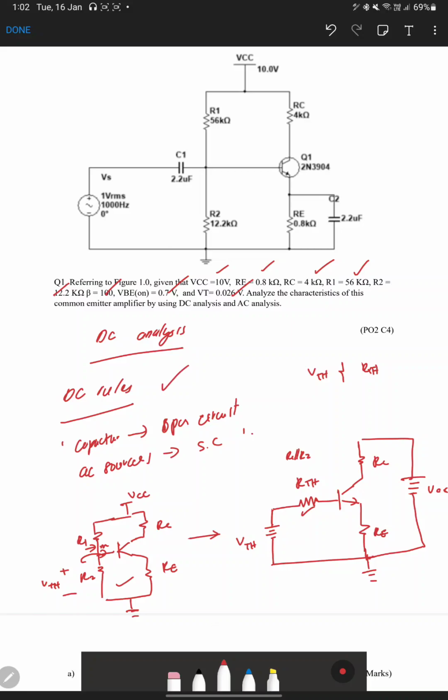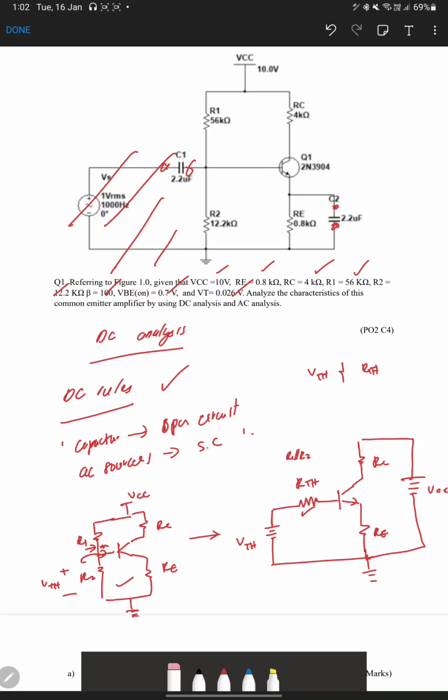The DC rule says the capacitor will be open circuit, and the AC source, here the voltage, becomes short circuit. After we open the circuit, this part will drop out, and this part will also drop out when capacitor C2 is open.